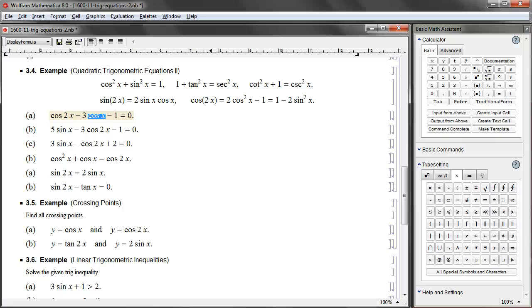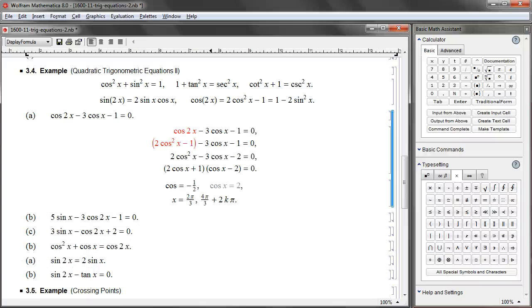Okay, let's finish problem A and then let's finish problem B. In problem A, cosine of 2x can be rewritten as 2 cosine squared of x minus 1. And this is cosine. So what do we have? We just have a quadratic equation of cosine. Breaking up all the parentheses, taking like terms together, and so on, we have the standard form and we have the factorization.